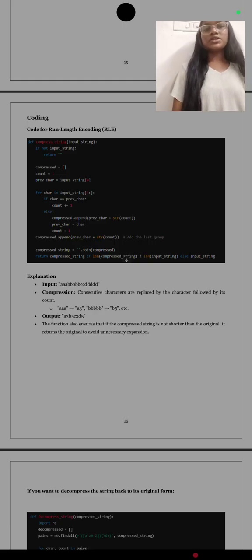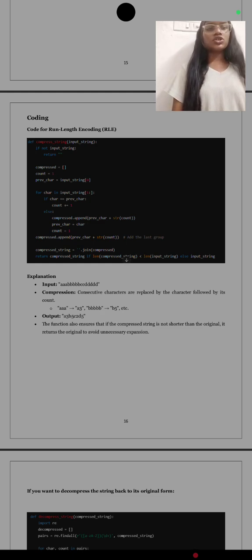There are 3 A's, so it is A3, and so on. So the output would be something like A3, B5, C2 and D5.